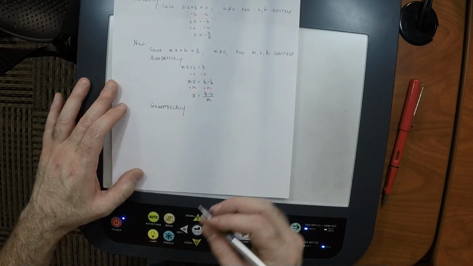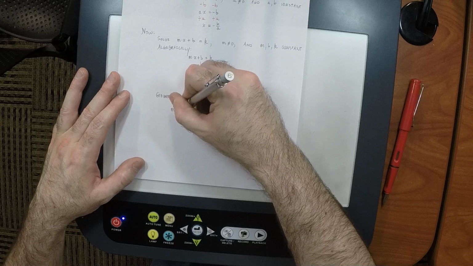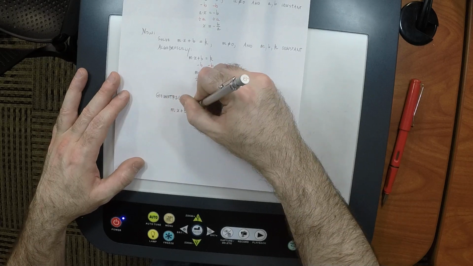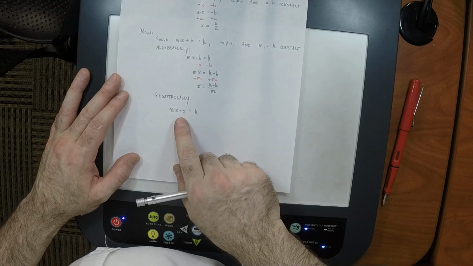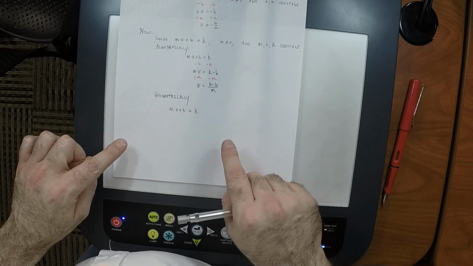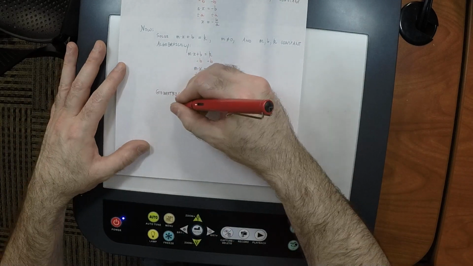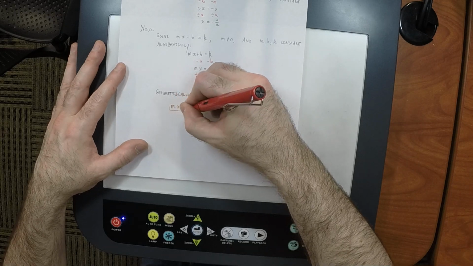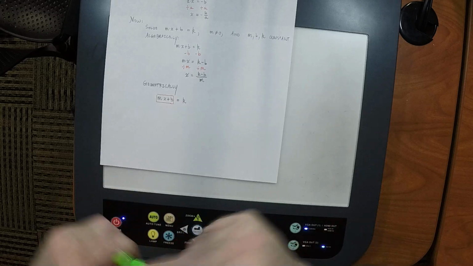So what we're going to do is take this equation, mx plus b is equal to k, and I'm going to split this equation into two different equations. I'm going to call the left-hand side the red side, and then I'll call the right-hand side the green side.